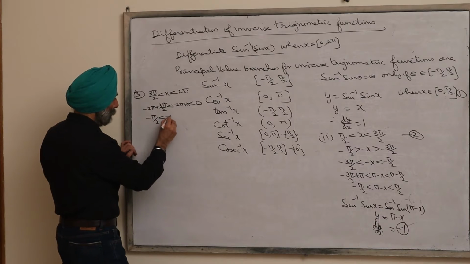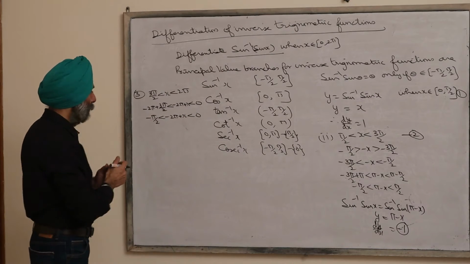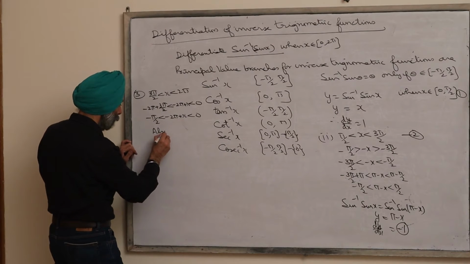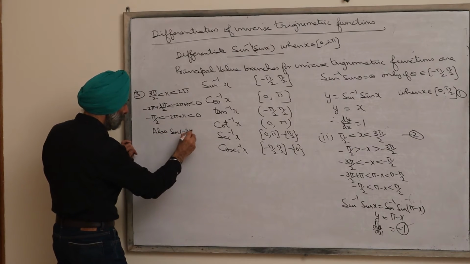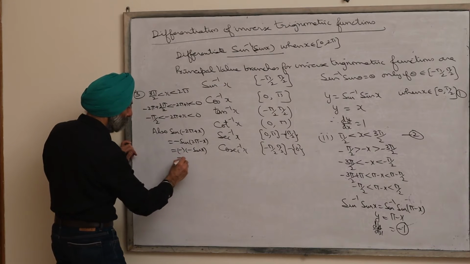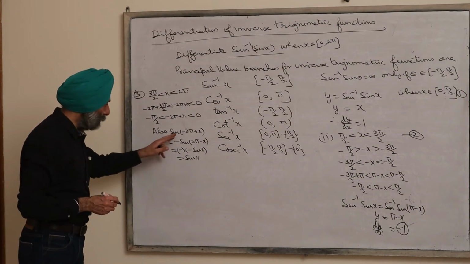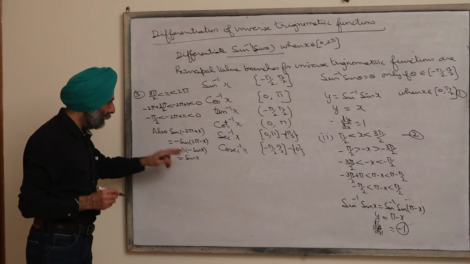That is, minus pi by 2 is less than minus 2 pi plus x is less than 0, which is the principal value branch. Also sine of minus 2 pi plus x is minus sine of 2 pi minus x, which is minus into minus sine x, which is sine x here.